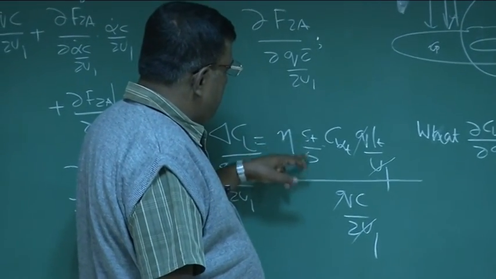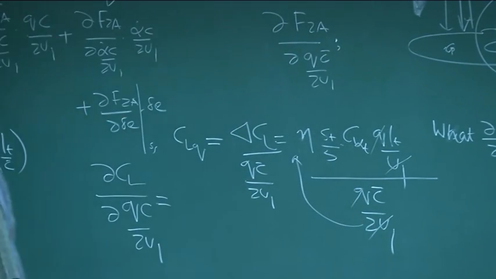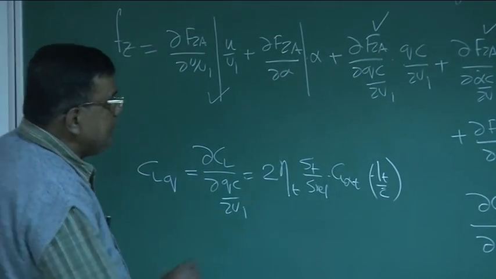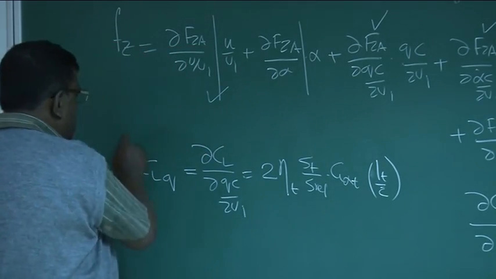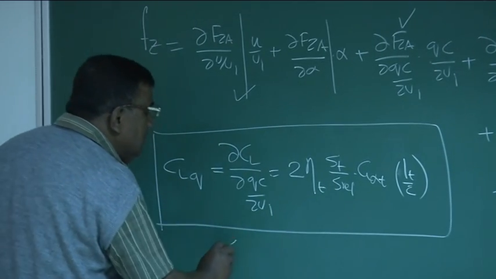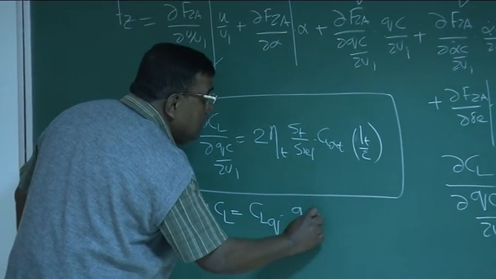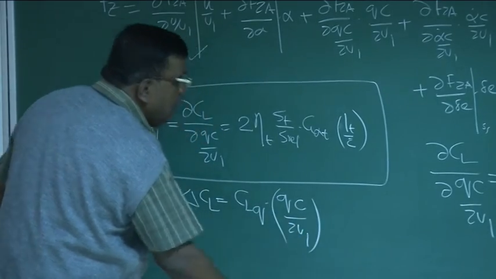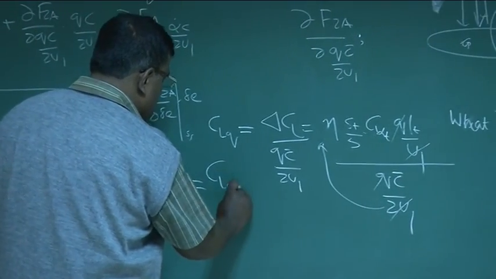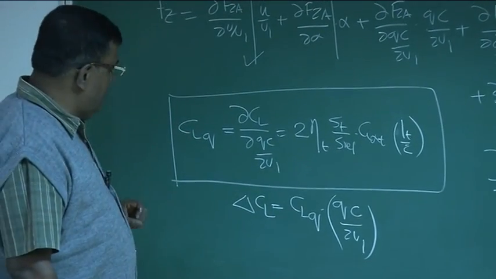So eta, then ST by S, CL alpha tail, LT by c bar, and 2 goes upward. So this is the expression for CLQ. If I want to find how much delta CL is coming because of Q, what should be the answer? It is CLQ into Qc by 2U1. That you should understand. It is not CLQ into Q, because CLQ we have defined as dCL by d(Qc/2U1). That's important. So you have understood what is CLQ.